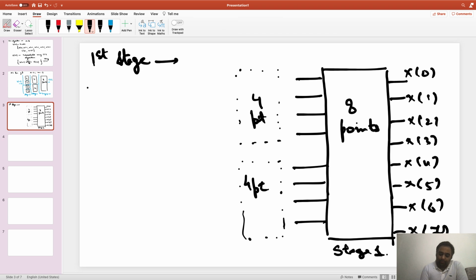As I said before, your x[n] is fundamentally a sequence from x0 to x7.